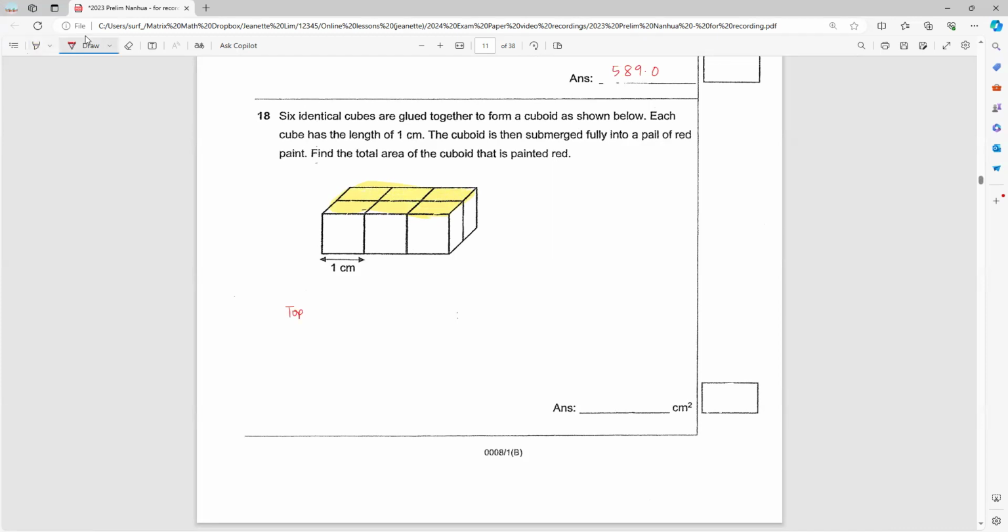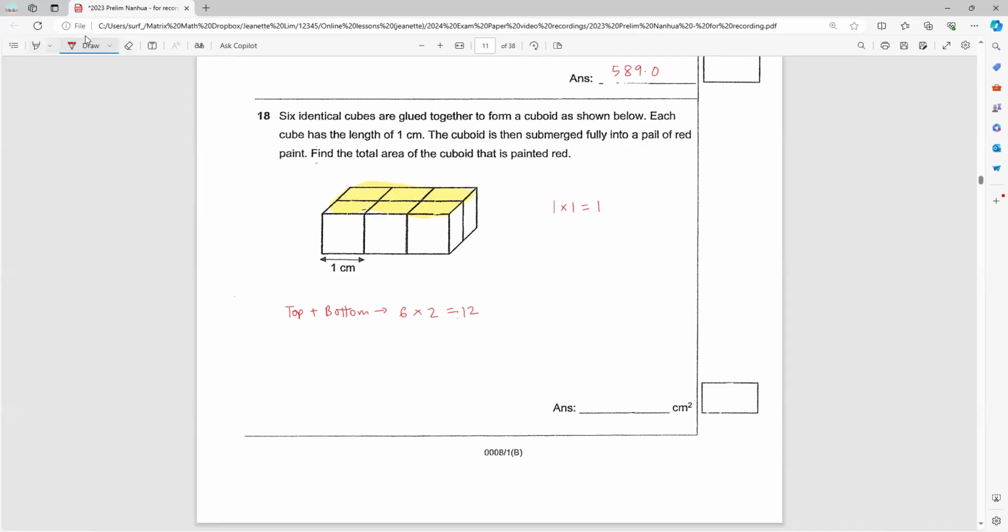So top plus bottom. Each surface is 1 times 1. So the top will be, there are 6, so 6. But you want top and bottom, so double it. You get 12 square cm.